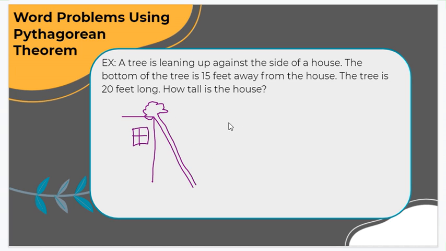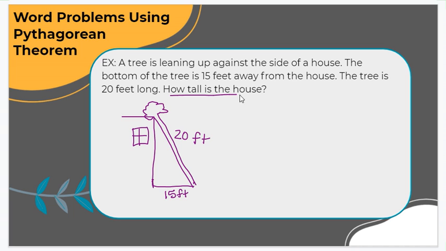Looks kind of like a palm tree. And it says that the bottom of the tree is 15 feet away from the house. So the bottom of the tree from here to here is 15 feet, so we want to label that. And then the tree is 20 feet long. So from here to here is 20 feet.